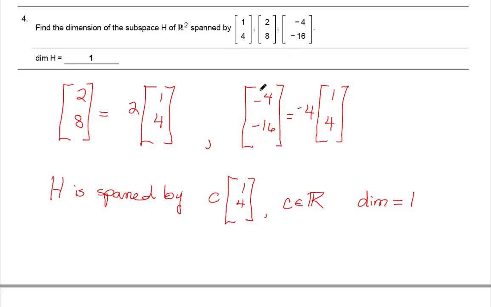And minus 4, 16 is really minus 4 times the first one. So only one of them is unique. The other two are scalar multiples of the first one. So H is really spanned by all multiples of the vector 1, 4. There's only one of them, so the dimension is 1.